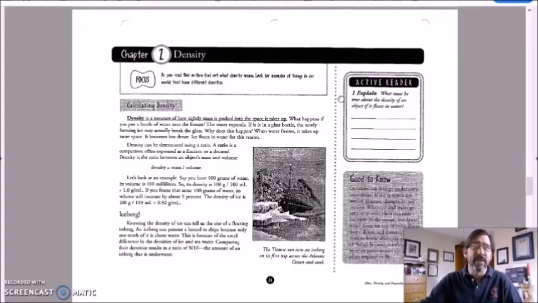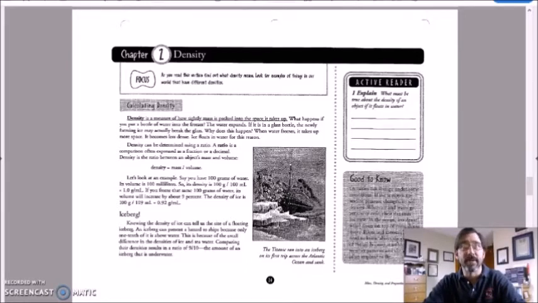Density is a calculated measurement. So this section is entitled Calculating Density. Density is a measure of how tightly mass is packed into the space it takes up. What happens if you put a bottle of water into the freezer?